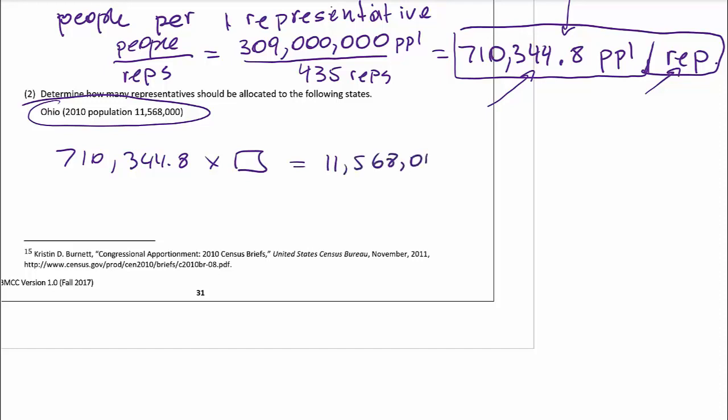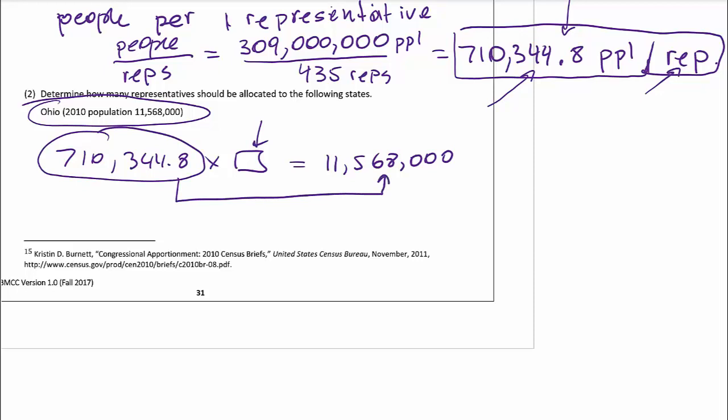If you look at this type of question, in order to find this, you want to know how many times this number goes into the population. So we're going to take the population of Ohio and divide it by the representation rate. This is called the rate of representation, that's how many people per representative. So we take the population and divide by the representation.